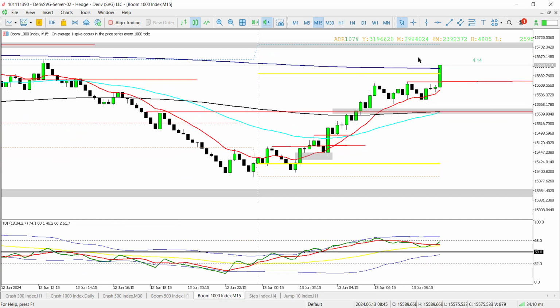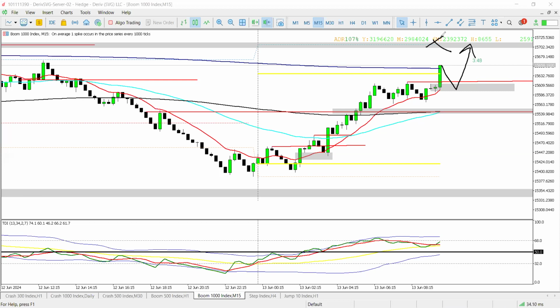I would rather wait. If this move does not get to this gray zone at the top, I would rather wait for them to retrace back into this broken level. If we can come back, retrace and retest this level here, then I can look for buys. So I'm saying if we don't get here, I'll wait for price to come here, then I'll look for a buy.